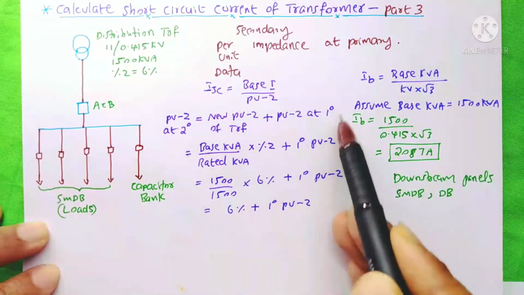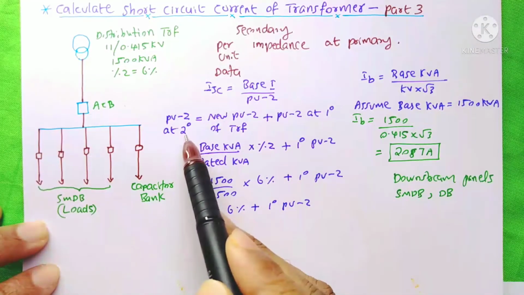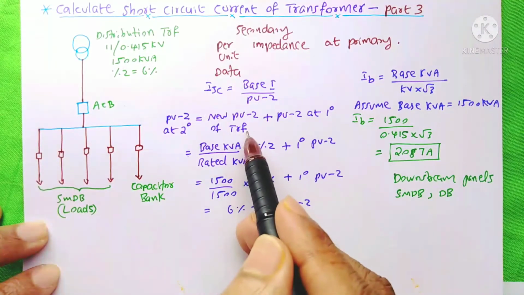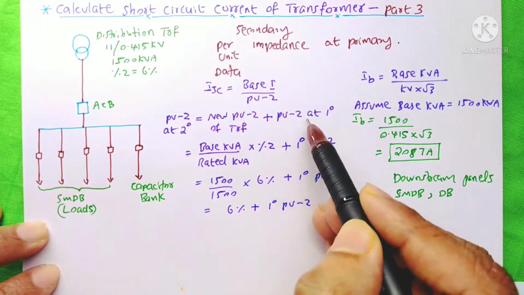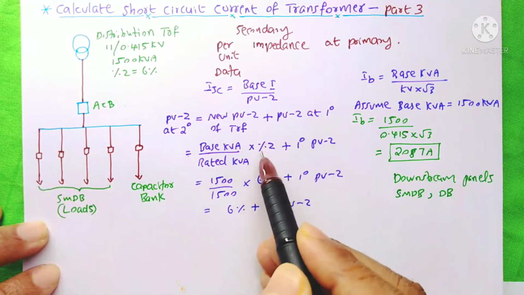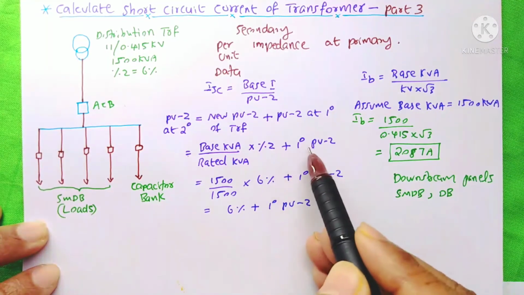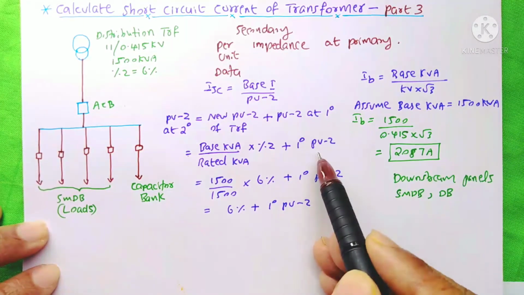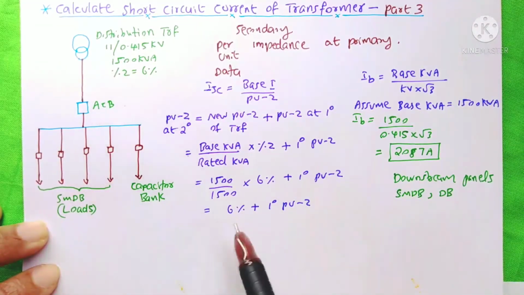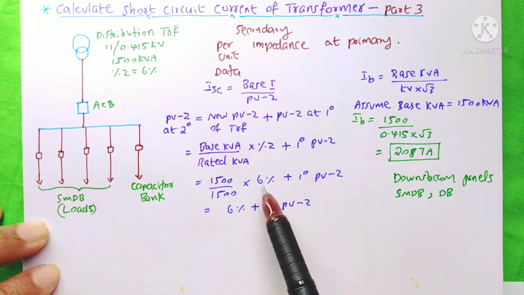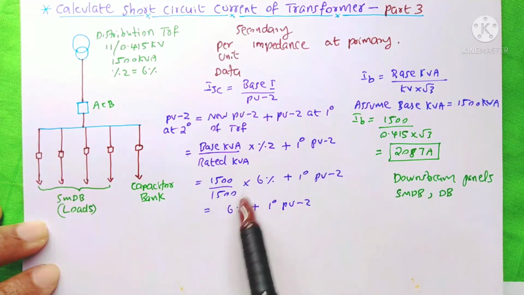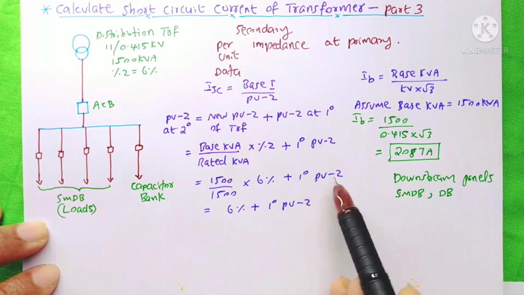It is this equation: per unit impedance at secondary is equal to the per unit impedance of the transformer secondary plus the per unit impedance at primary, which is base kVA divided by rated kVA into percentage impedance, plus per unit impedance at the primary. We don't have this data. Rated kVA means our transformer's power, that is 1500, into the percentage impedance of this transformer, plus this one. So it is 6% plus this one.